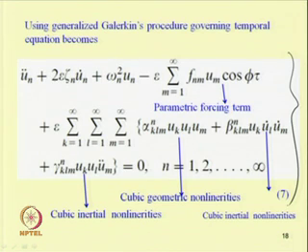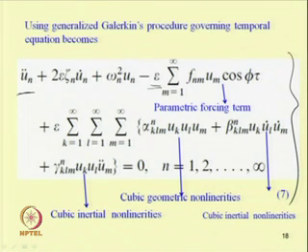This equation can be written in terms of the time modulation as un double dot plus 2 epsilon zeta n un dot plus omega n square un minus epsilon, where epsilon is the bookkeeping parameter, the sum over m equal to 1 to infinity of f n m u m cos phi tau.